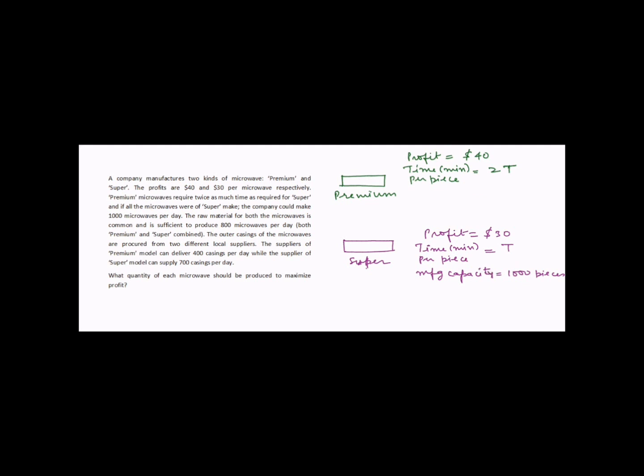Now the raw material for both the microwaves is common and is sufficient to produce 800 microwaves per day, both premium and super combined. So we already saw that the manufacturing capacity in terms of time was to be able to manufacture 1000 pieces of super microwave. Now another constraint is the raw material.